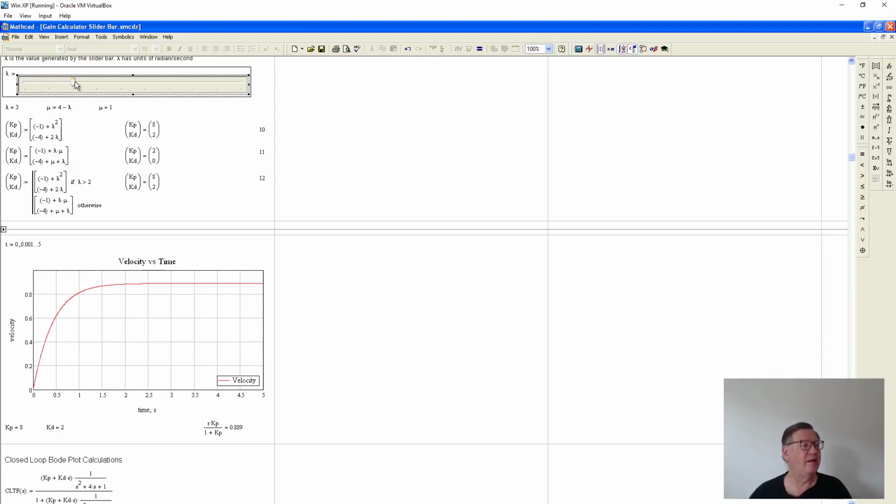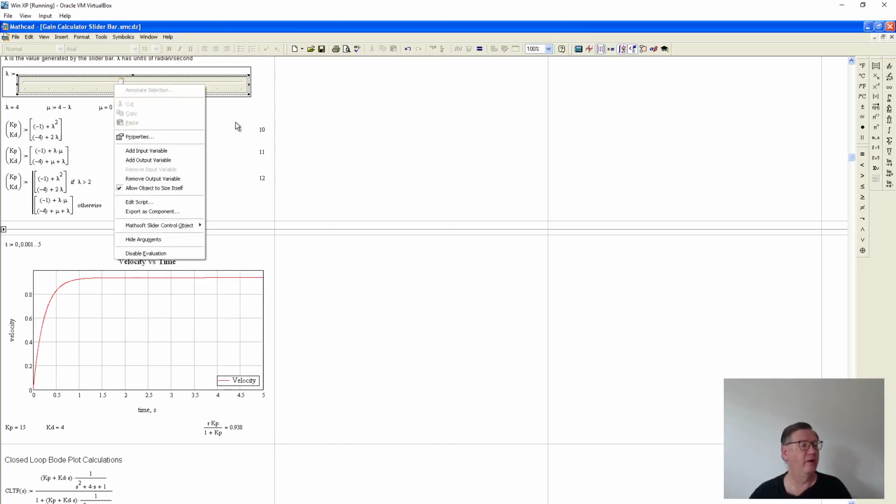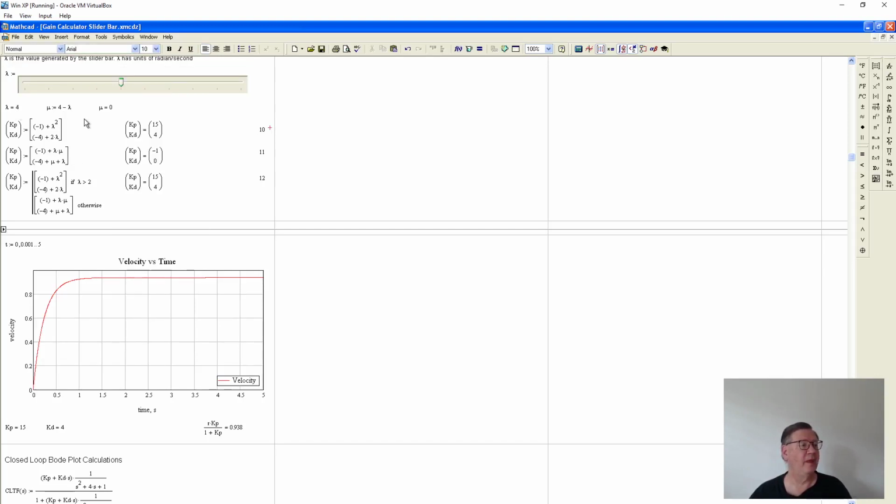But the derivative gain now will allow us to increase the lambda, and it's moving the pole location also, so that we have a gain of Kp of 15 and a derivative gain of 4.